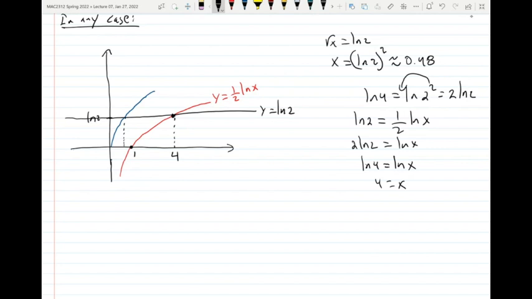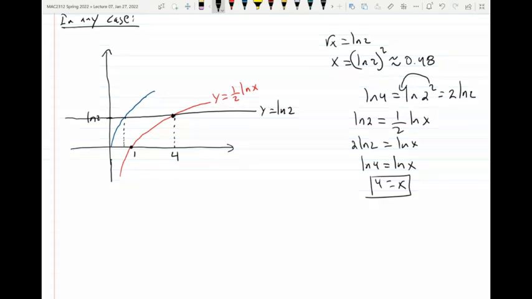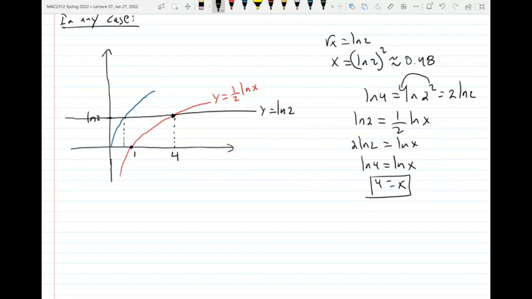So that's how you get this 4, and then this point right here, the x value is ln of 2 squared, which happens to be 0.48. I calculated it so that we can have it as perspective. That's somewhere in here. Okay. So that point is ln of 2 squared, which is about 0.48.